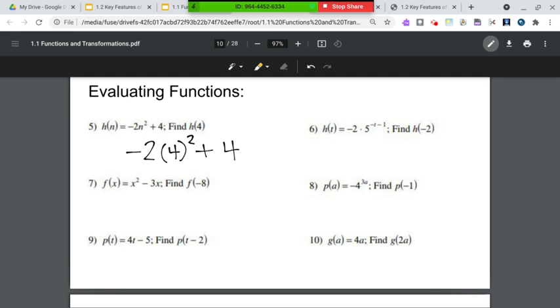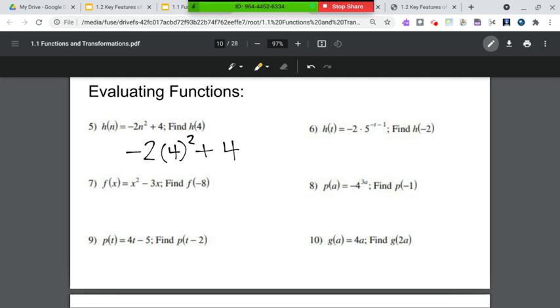I can either do the mental math, or in Honors Math 3 you're going to use Desmos a ton, actually in just Math 3 in general. Have you used Desmos before? Yeah. Okay, so you can stick it into Desmos or do the mental math.